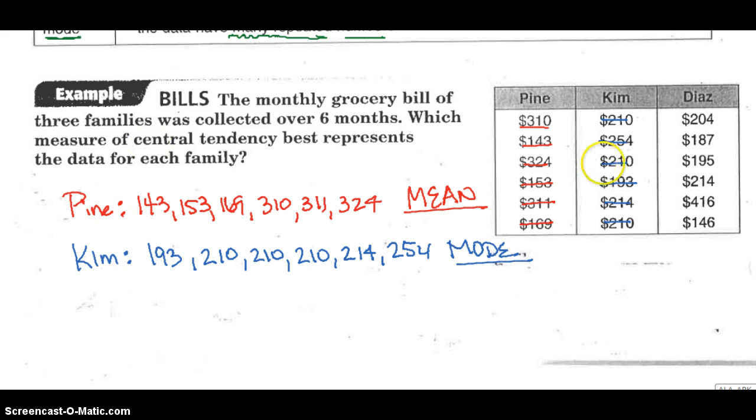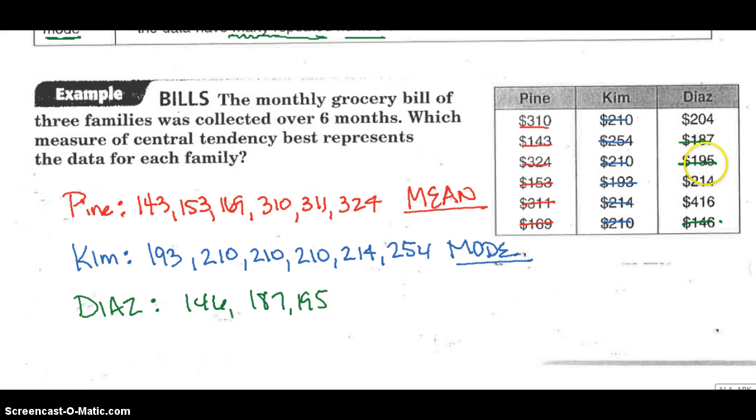And then last we have the Diaz family. We'll write those down from least to greatest, starting with 146, then 187, 195.